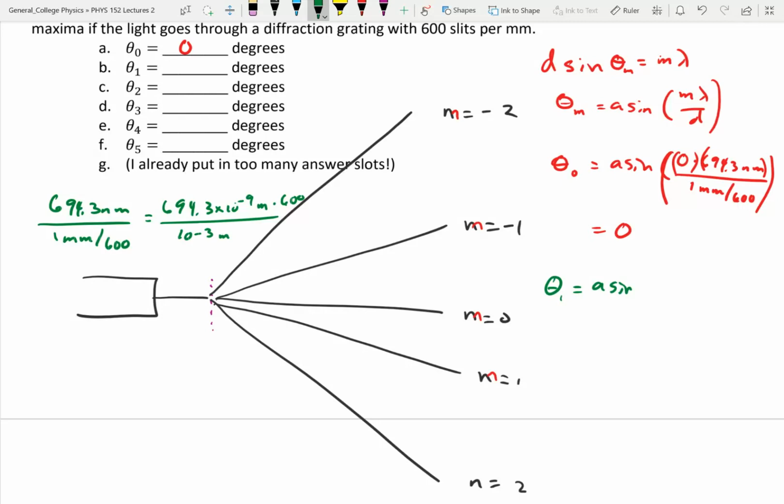Okay, so that should be equals 4.166 times 10 to the minus 7 with no units.